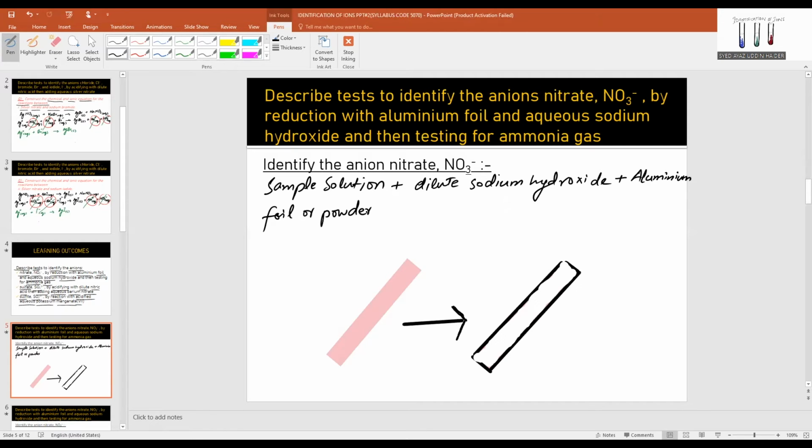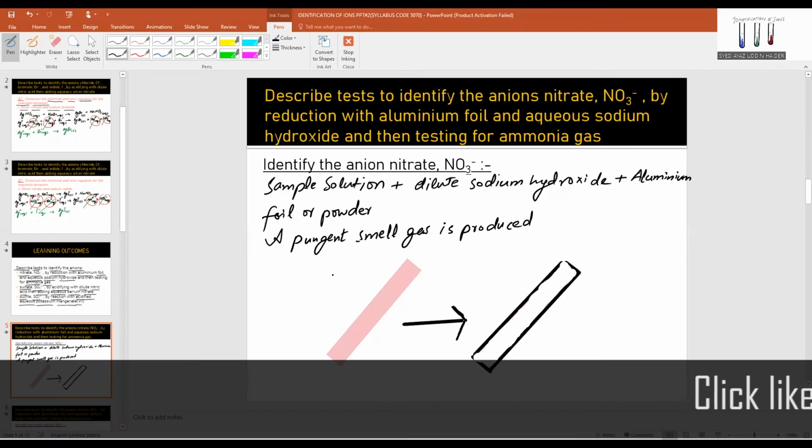A pungent smell gas is produced, which gives the test for ammonia.